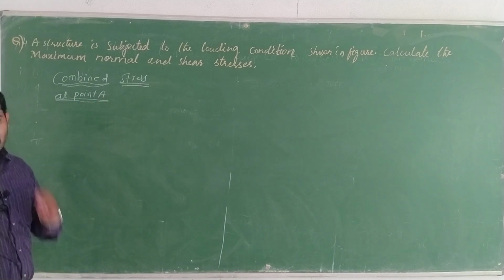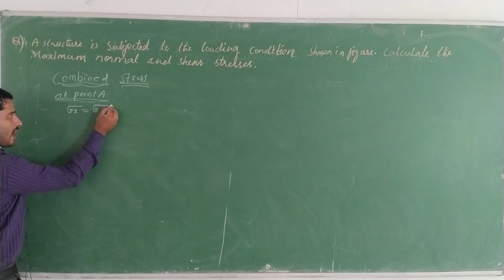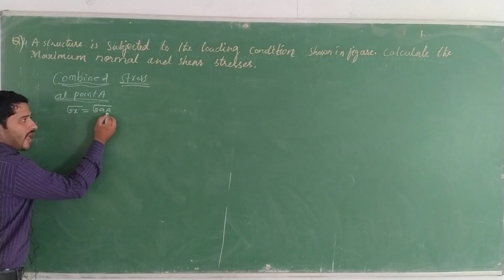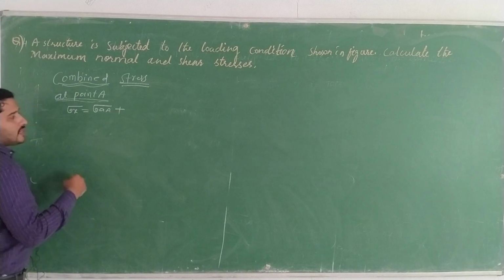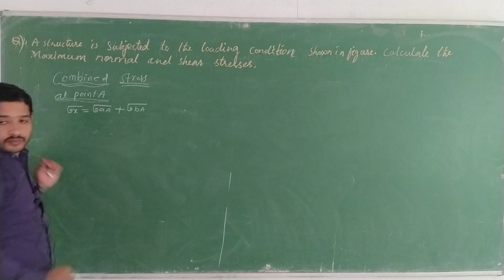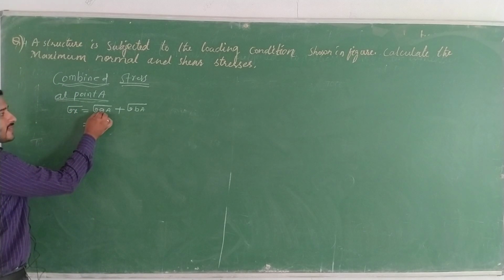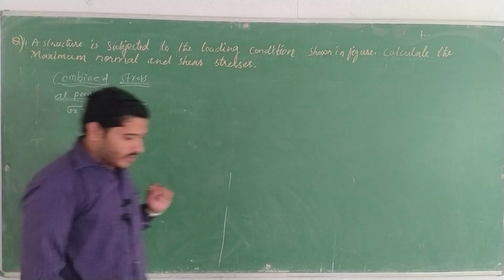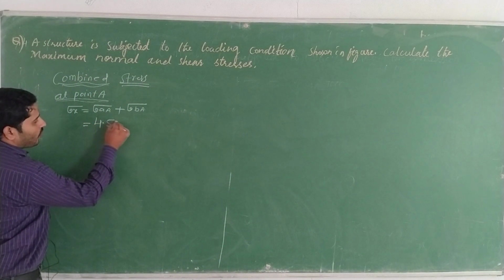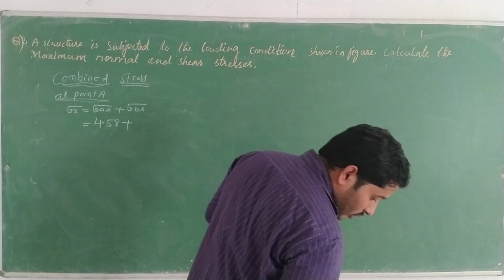If you want to combine these stresses, then you have to represent sigma x is equal to sigma A, the axial stress acting at A, plus the bending stress acting at A. We already discussed this in the last problem. The axial stress at A we got is 4.58, plus the bending stress at A, we got 20.53.